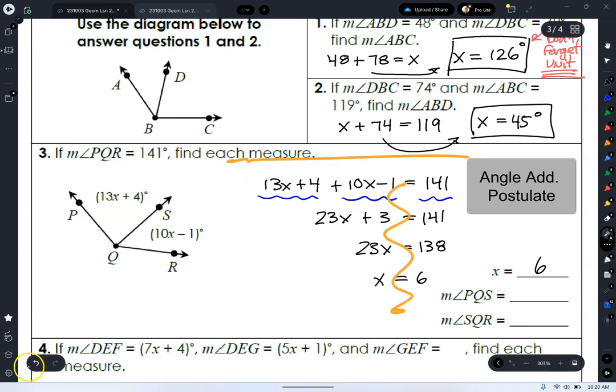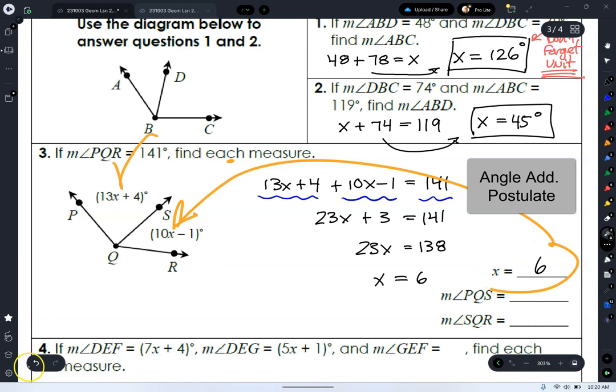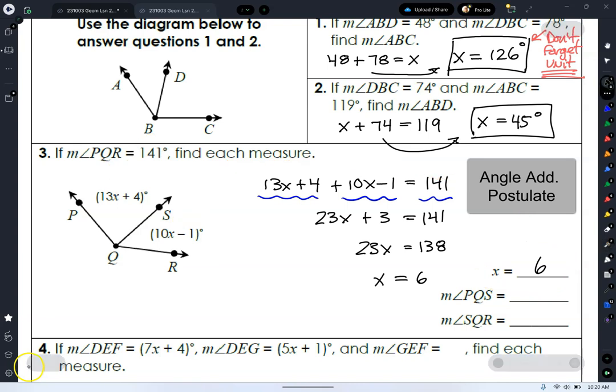And then I do the math. And then I do substitution to take my x equals 6 and go back and figure out my actual individual degree measures here. So if I wanted to know the measure of angle PQS, that would be equal to 13 times 6 plus 4. And then I would add that across, get my 78 plus 4, and I would get 82 degrees for the measure of angle PQS.